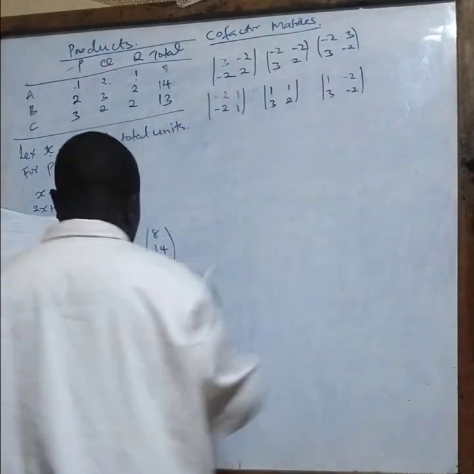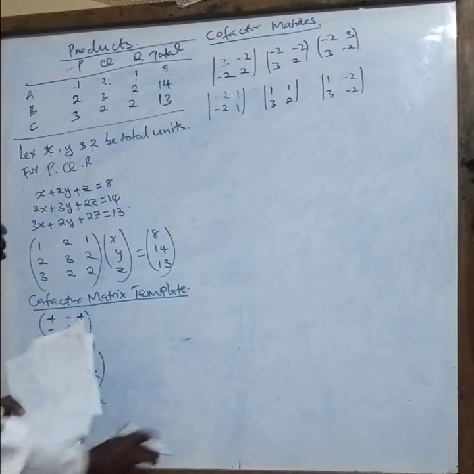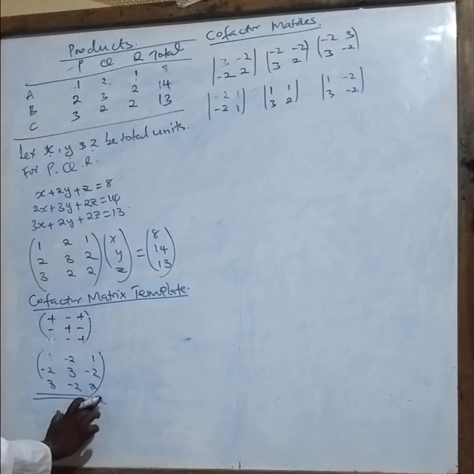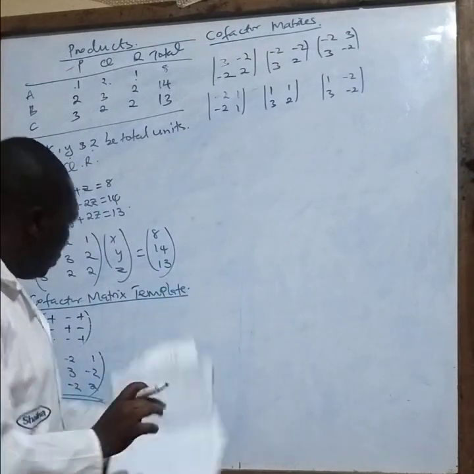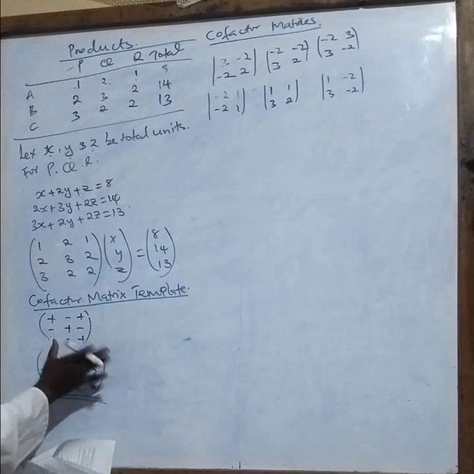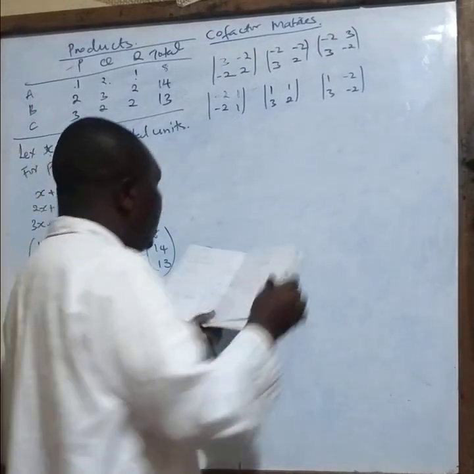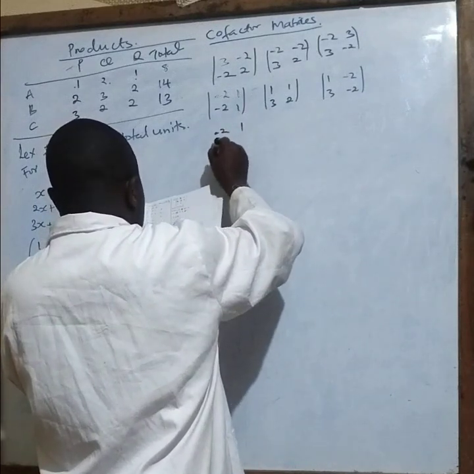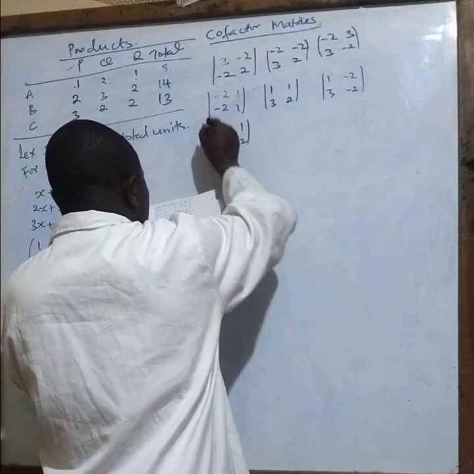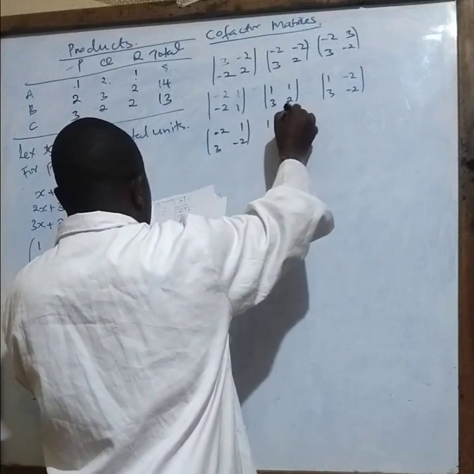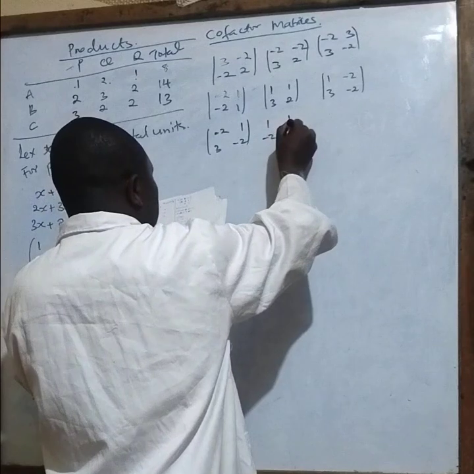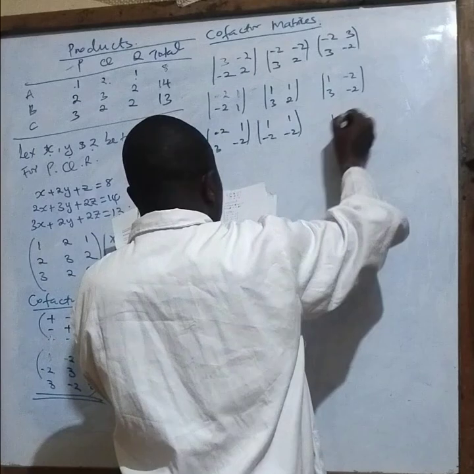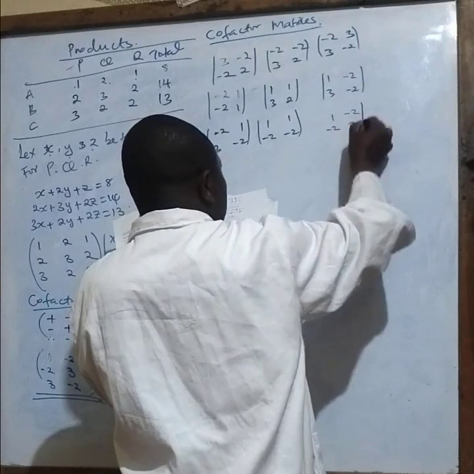Like that. Then when you go to the third row, your matrices will be using the same simple method. You close, you open, you will get the following: -2, 1, 3, -2, then 1, 1, -2, -2, then 1, -2, -2, 3, like that.